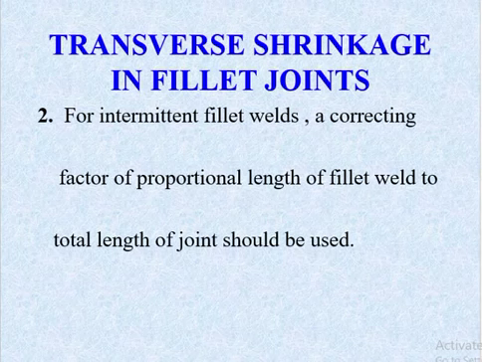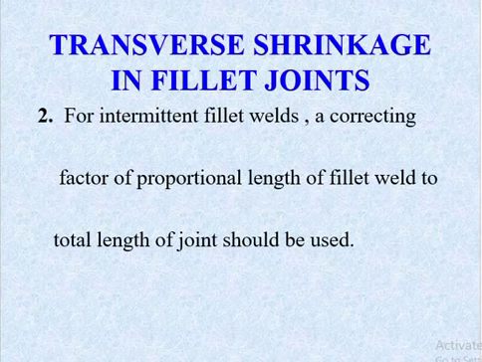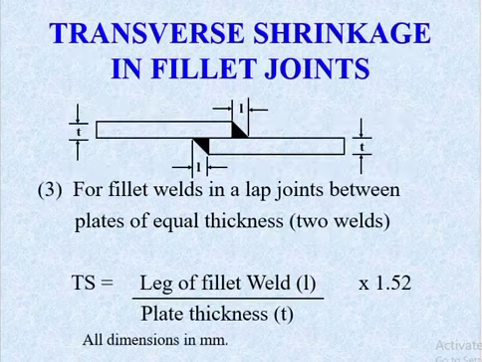For an intermediate fillet joint, a correcting factor of the proportional length of fillet weld to total length of joint should be used.